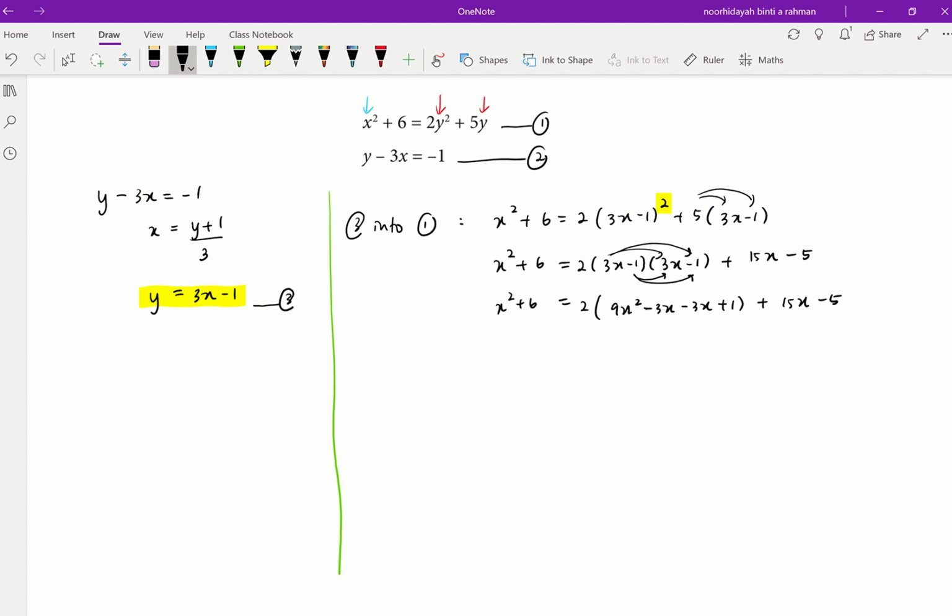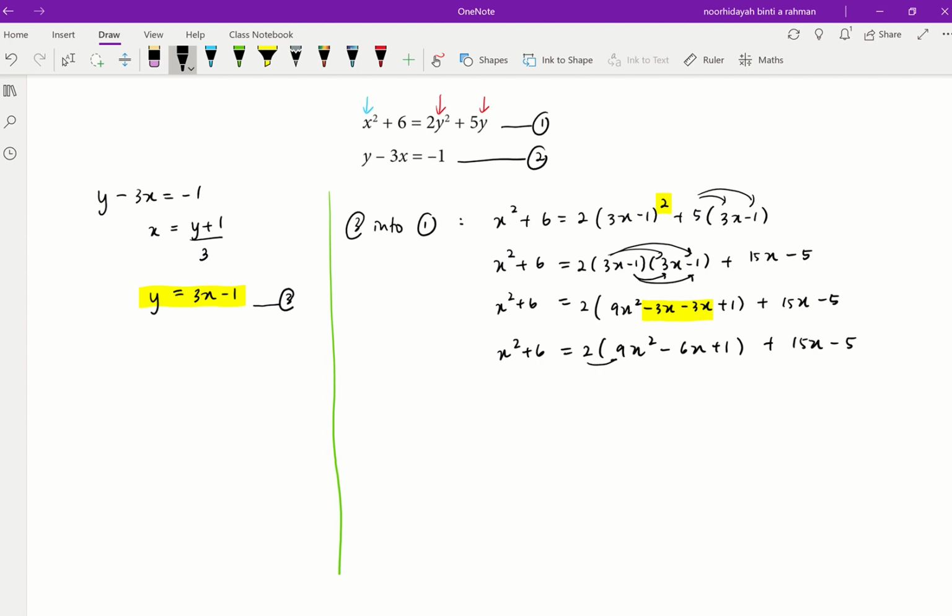Later it becomes x squared plus 6 equals 2 times (9x squared minus 6x plus 1) plus 15x minus 5.